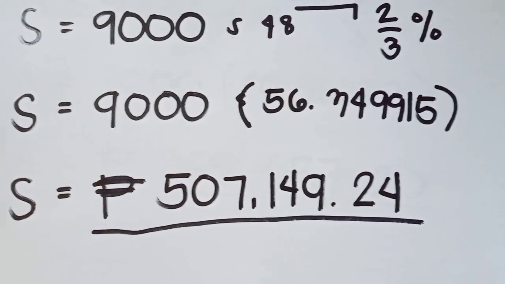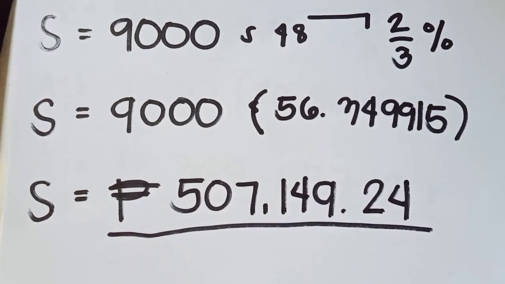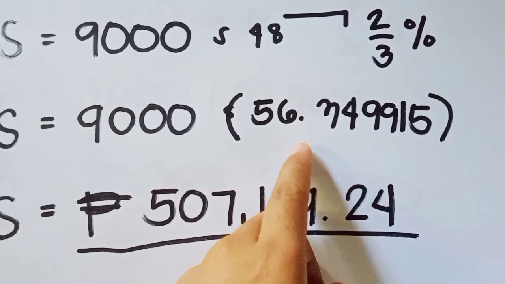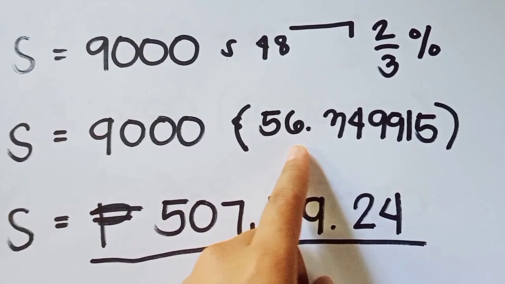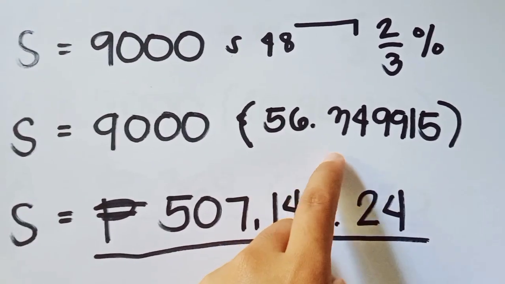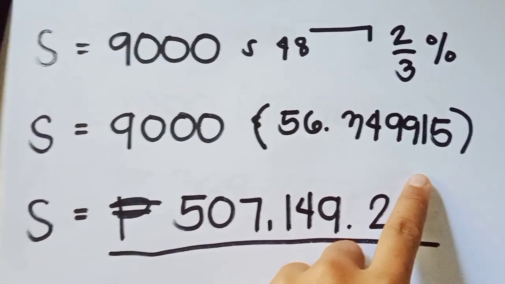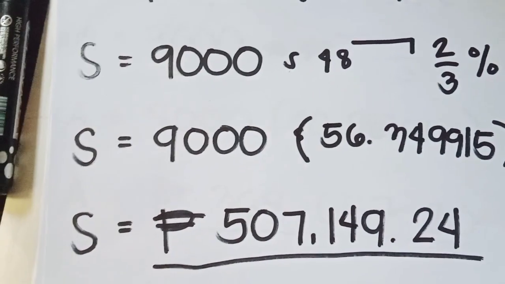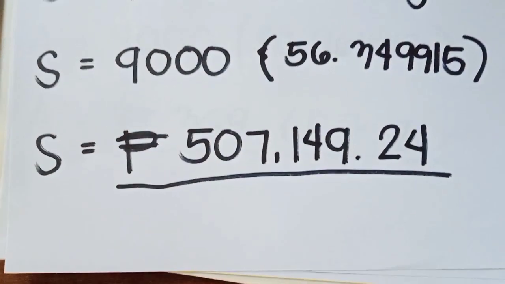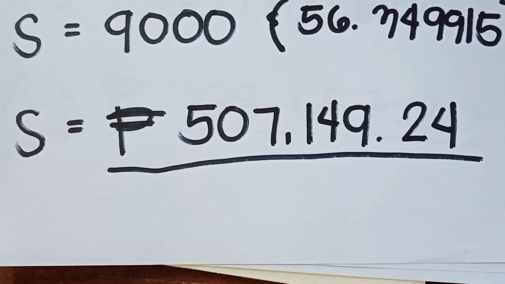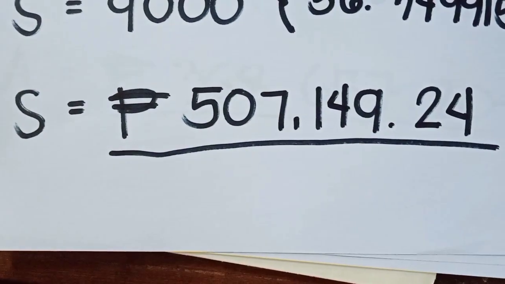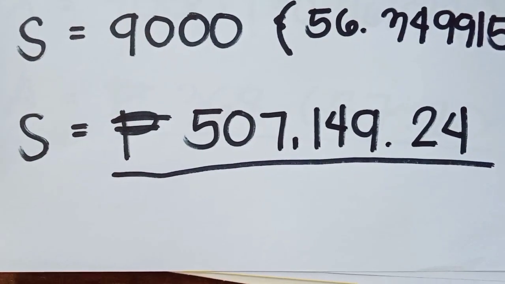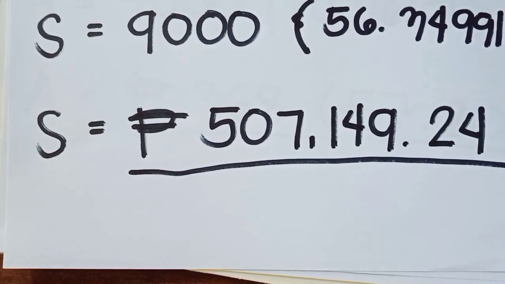After we find it in the table of values, we will copy the 56.349915. So we will multiply, and the answer is 507,149.24. So this is the ordinary annuity.